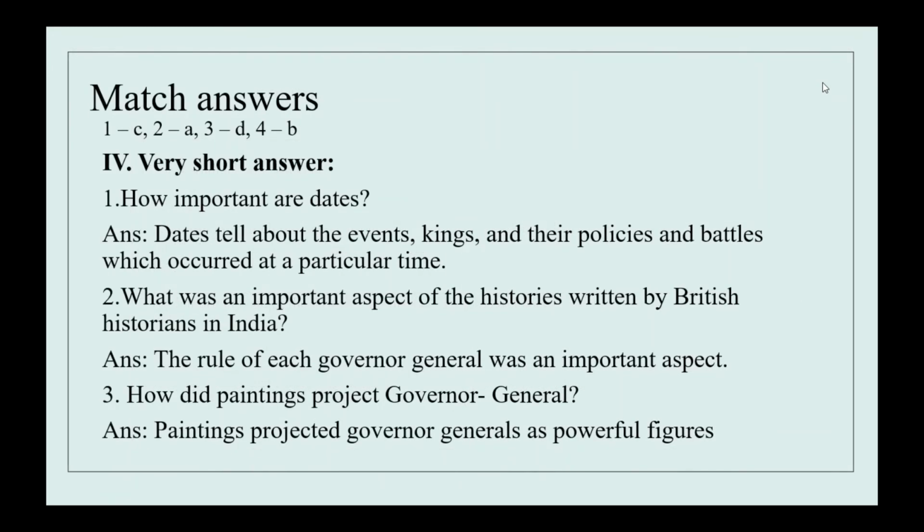Now, let's see the very short answer, VSA questions and answers. The first question is, how important are dates? Dates are very important in history, right? Dates tell us the events, kings and their policies and battles which occurred at a particular time. The second one is, what was an important aspect of the histories written by British historians in India?